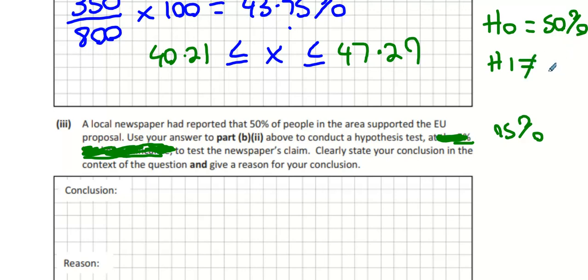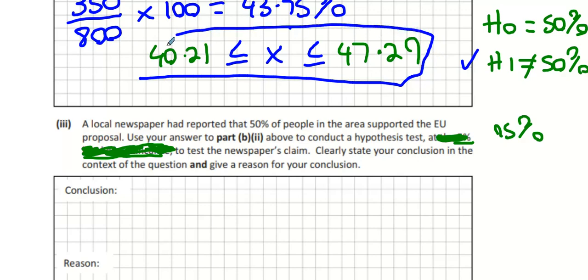H1 would be that the percentage of people who support changing daylight savings time is not 50%. Go with that? That'll be your null and your alternative. Now, which one do we choose, H0 or H1? Why do we choose H1? I don't see 50% anywhere in this confidence interval, do you?